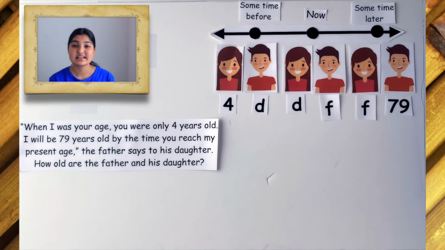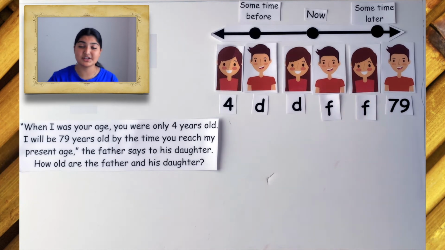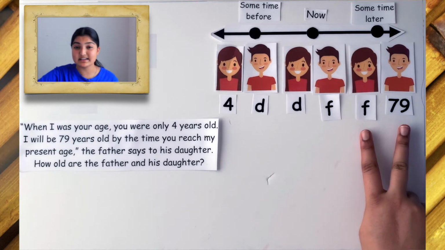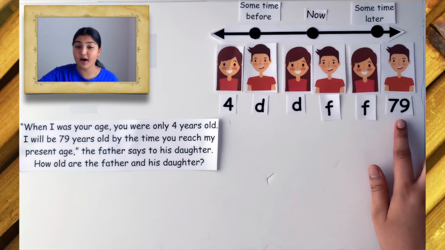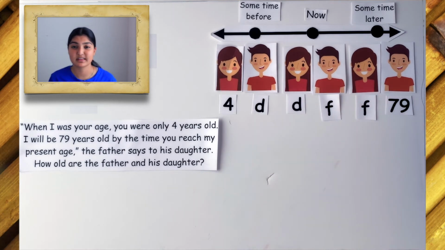Remember, the difference between the father's age and the daughter's age will always be the same. So, if we find the difference between their ages, we can subtract that from the father's age to get the daughter's age. So let's do that.